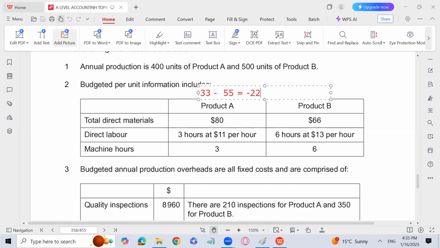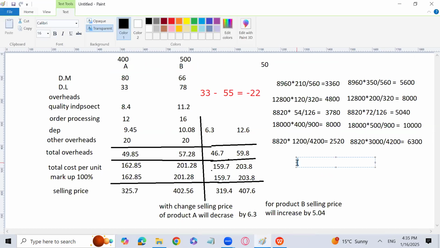So because of the change in cost, we are getting a positive effect on material of 50, but we have a negative effect on labor cost, which is increasing by 22. So overall, we have a positive impact of 50 minus 22, which is going to be 28. Okay. 28 is the positive effect we are getting.